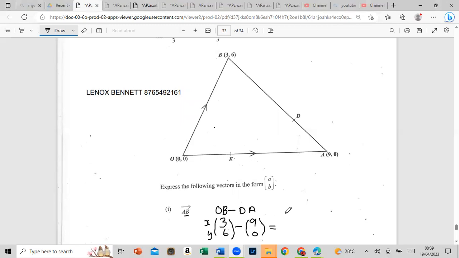It's going to be 3 minus 9, and then 6 minus 0, which works out to negative 6. 3 minus 9 is negative 6, and then 6 minus 0 is 6. So that's the vector AB. We can say (negative 6, 6). That's the vector AB.